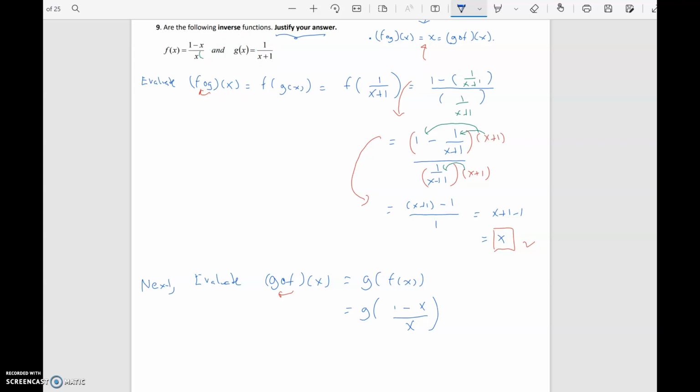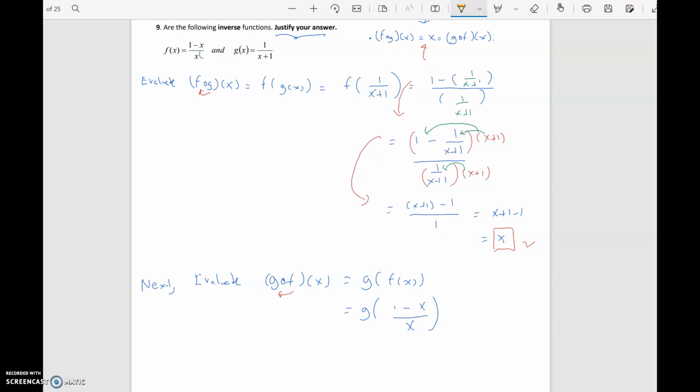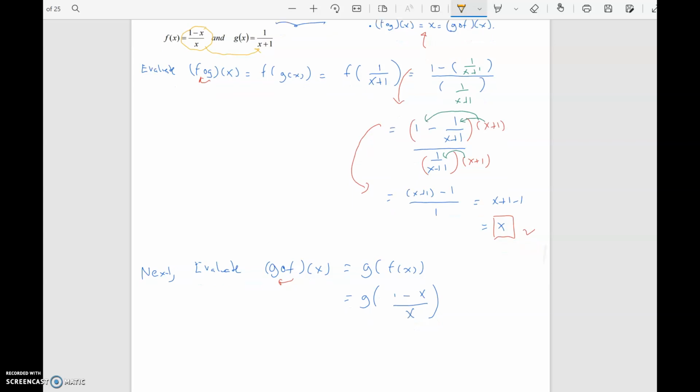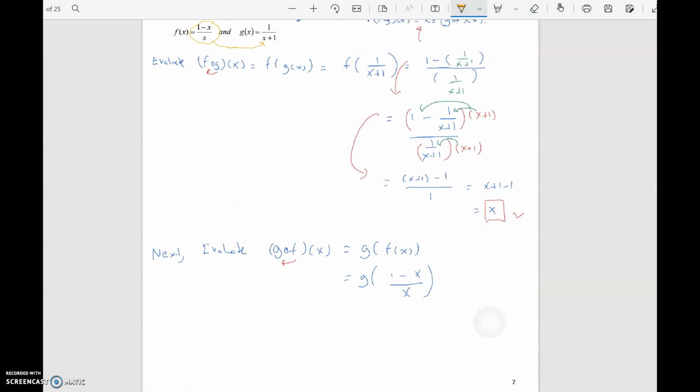Let me erase this mess. The function f, meaning the whole function, is going to go in as an input. We're going to plug it into 1 over the function plus 1 in the denominator. It is going to look a little bit messy.